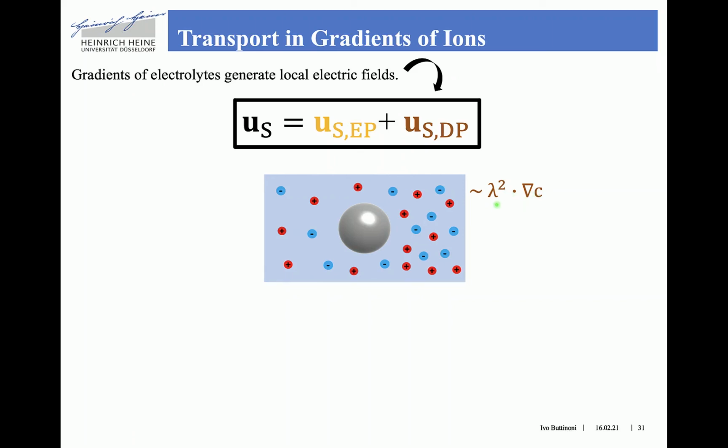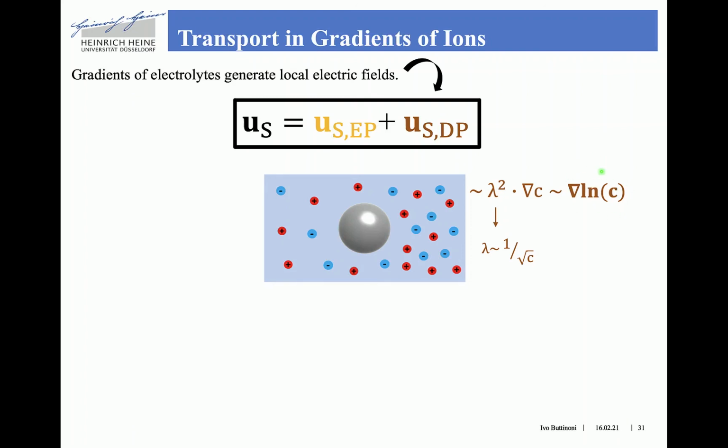So here now we are dealing with ions. So the thickness of the interface, we are now back to the Debye screening length, which is proportional to 1 over the square root of the salt concentration. So that if we put these two together, we obtain that the diffusophoretic slip velocity increases linearly with the gradient of the log of the bulk salt concentration.